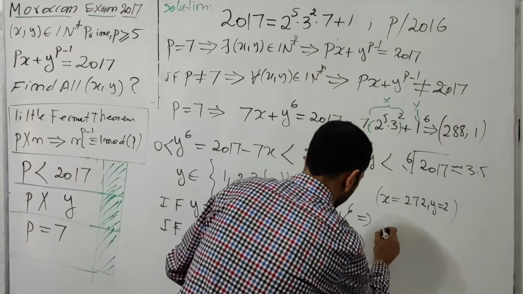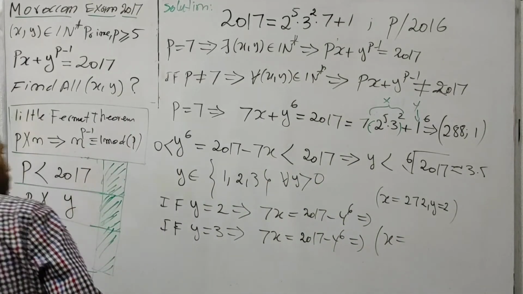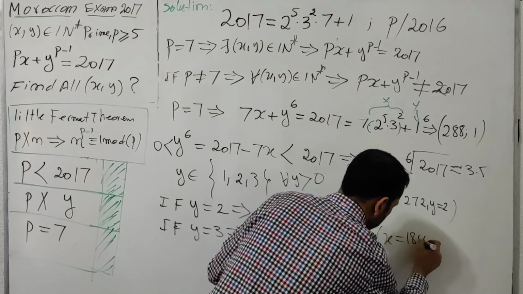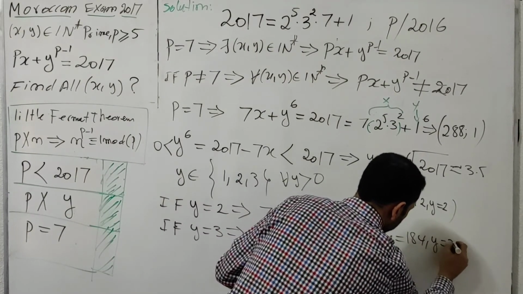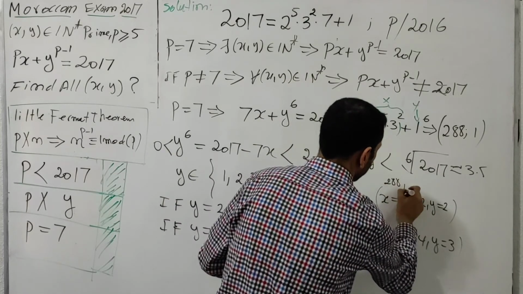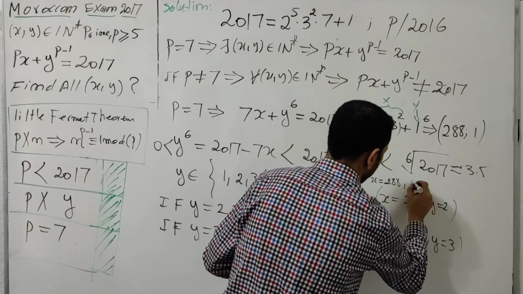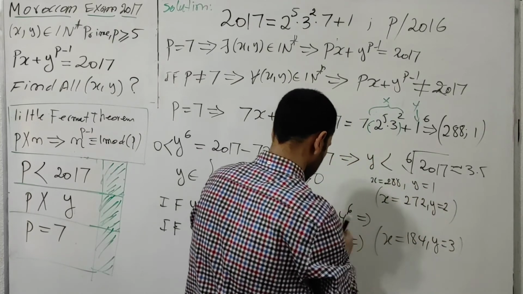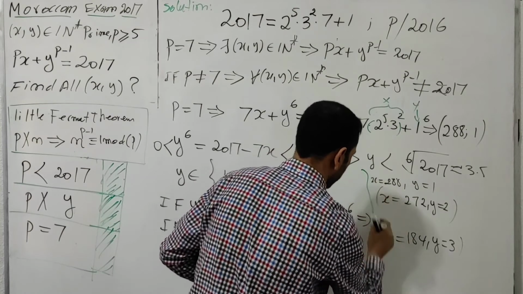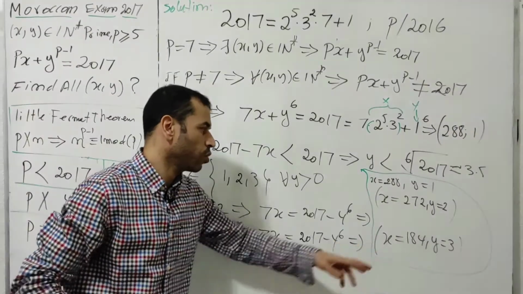After replacing, we will find x equals 184 and y equals 3. And the first solution was x equals 288 and y equals 1. So here are the solutions that I found. So I am done with this problem.